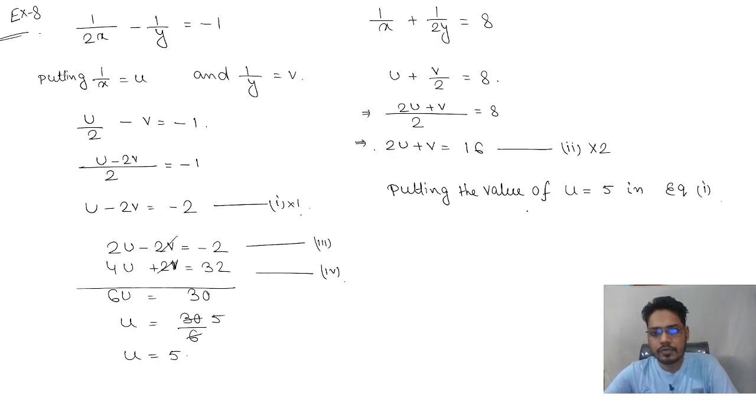If you put the value, u is 5, so 5 minus 2v is equals to minus 2. So here 2v is equals to 5 plus 2. Let's check this.